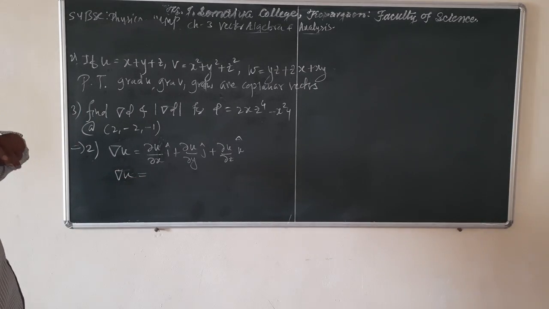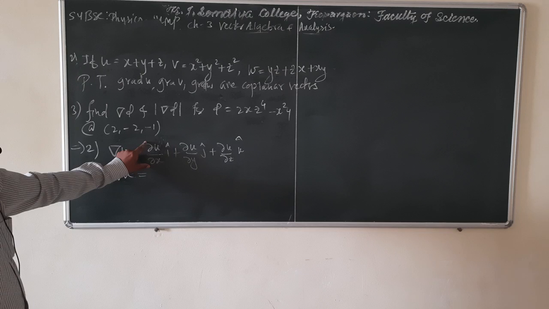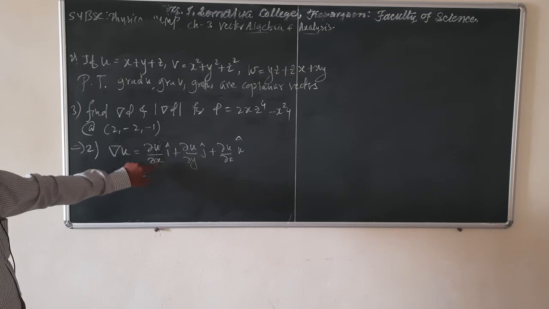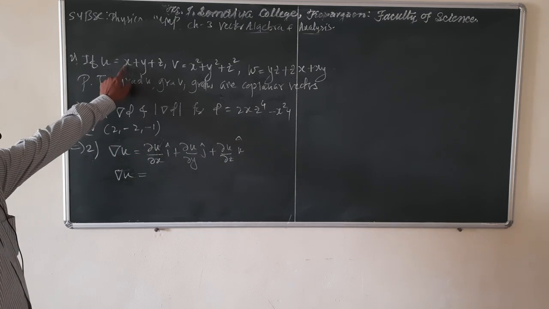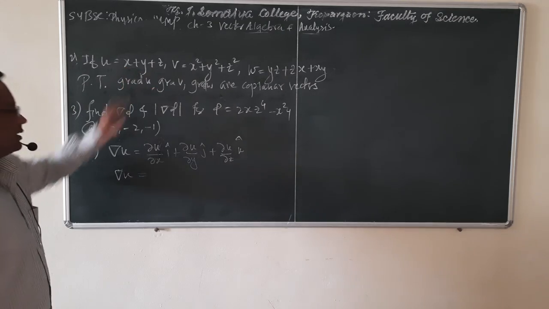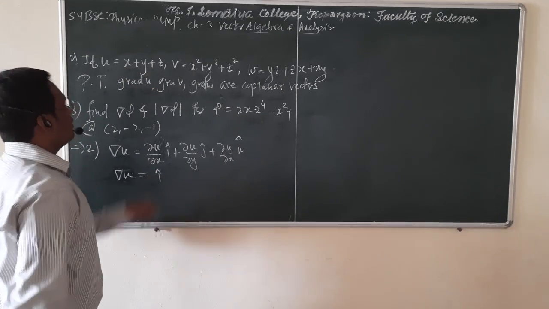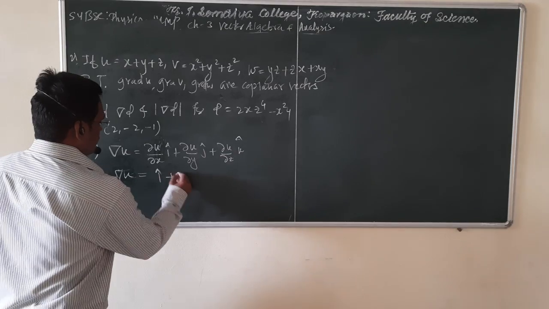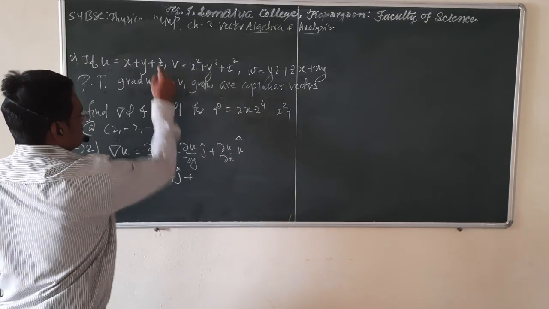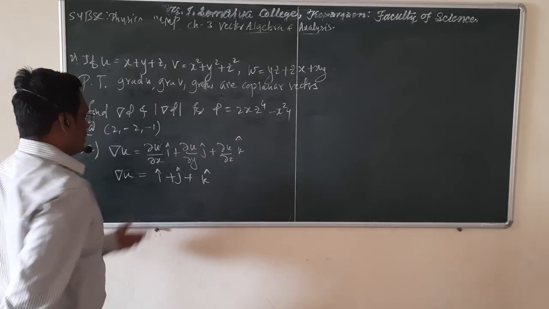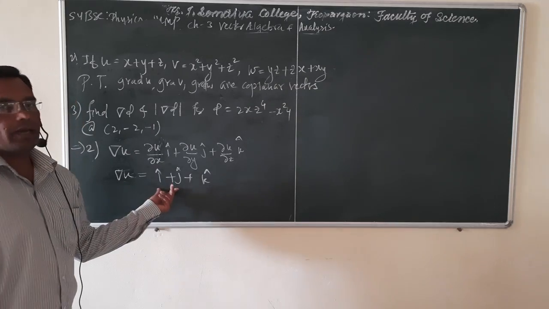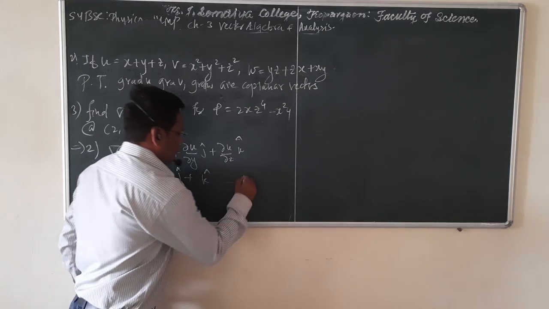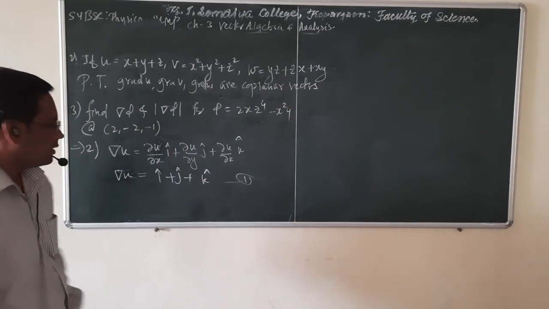If you take the partial derivative of u with respect to x, x plus y plus z, that is only 1. With respect to y it is 1, and with respect to z it is 1. So we get gradient of u as i cap plus j cap plus k cap. Call this equation 1.